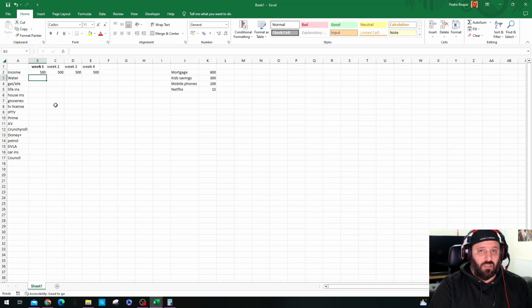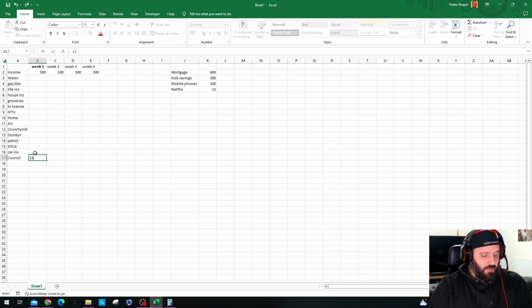Since I earn my money weekly, I thought, well, if I got all these expenses coming in the first week, I'm gonna be stuck, or I'm gonna start gathering money from the other weeks to cover the expenses of this week, and I didn't want that. So what I did was I split all my expenses throughout the month.